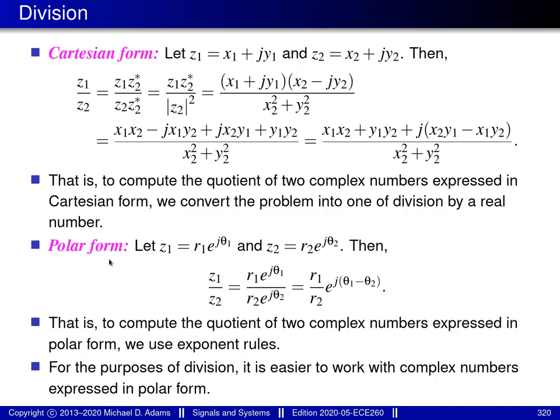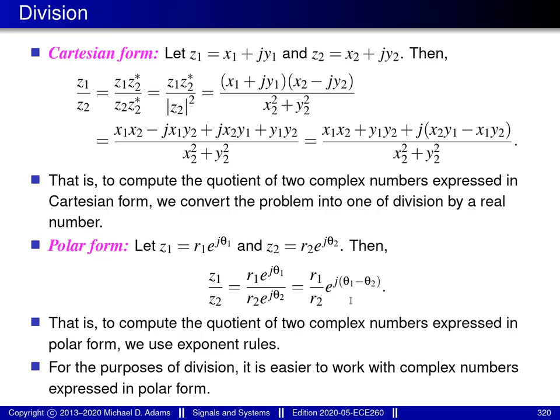In the case that the complex numbers involved are represented in polar form, if for example z1 and z2 that we want to take the quotient of are represented in the form of this right hand side and this right hand side here, all we do is for the result, the quotient that we're trying to compute, the result has a magnitude which is just the quotient of the individual magnitudes, so r1 over r2, and then the argument of the result is just the difference between the arguments, in particular the argument of the complex number in the numerator minus the argument of the complex number in the denominator.